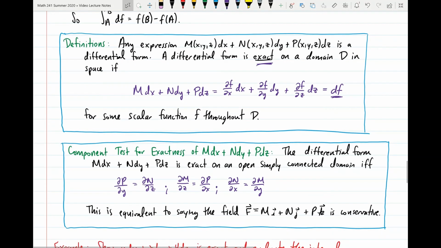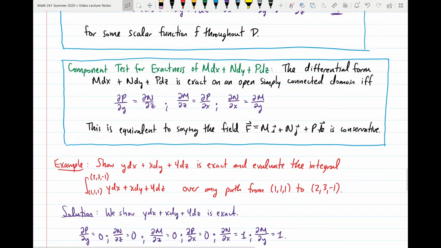So again, the point here is the definition of an exact differential. And we have a component test for the exactness of m dx plus n dy plus p dz that looks just like the component test we had to determine that a vector field is conservative. So the differential form m dx plus n dy plus p dz is exact on an open, simply connected domain, and notice that the preconditions are equivalent for both of our component tests, if and only if the following three equations hold.